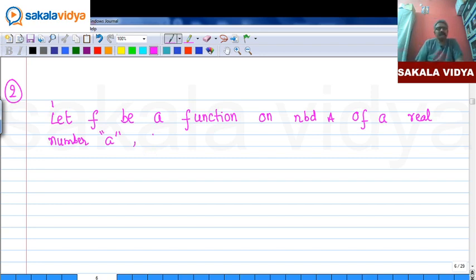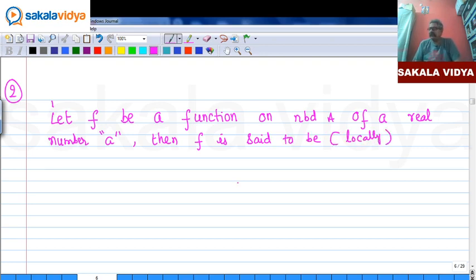Then f is said to be, that means locally, locally increasing, locally decreasing.